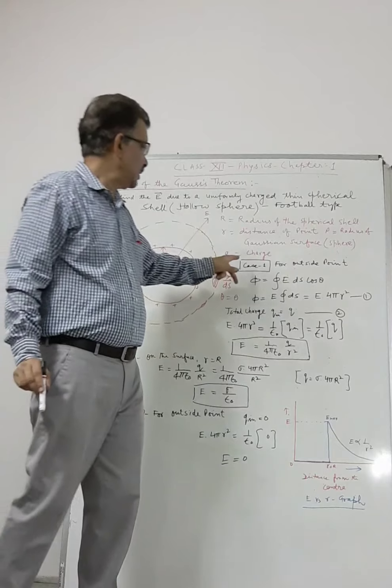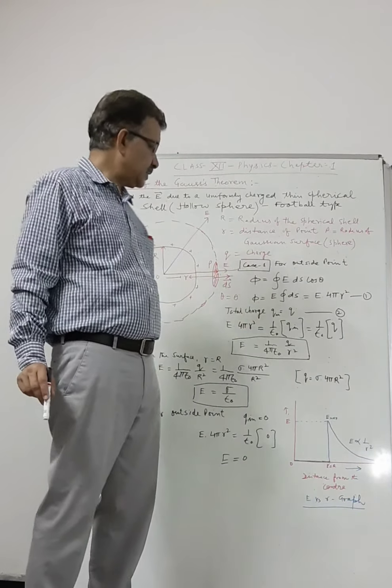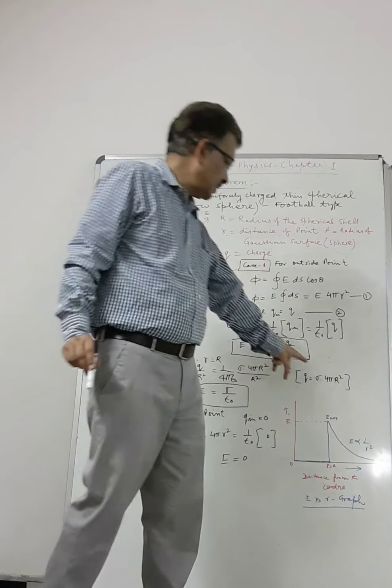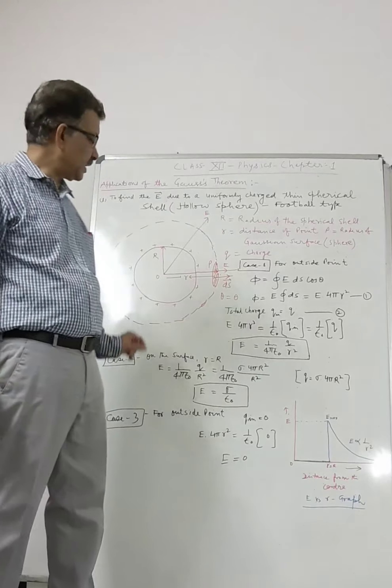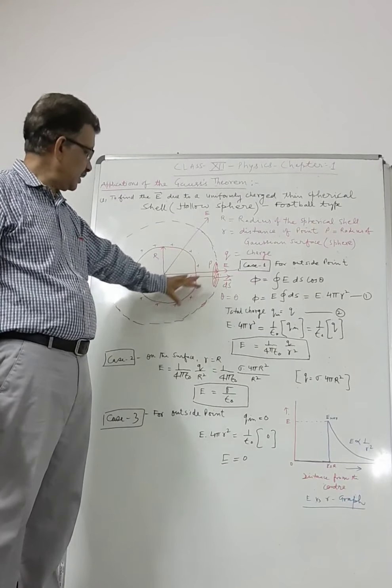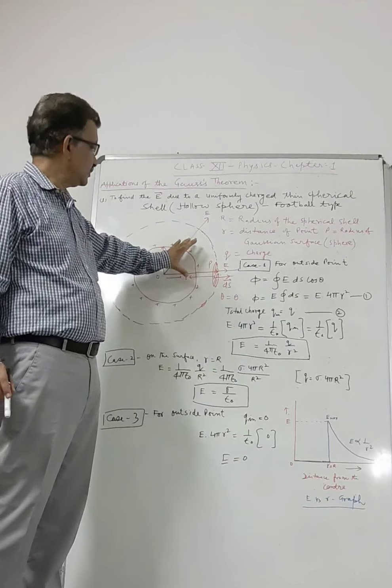So again, here the term used will be sigma, that is the surface charge density, because charge is distributed uniformly along the surface area of the spherical shell.